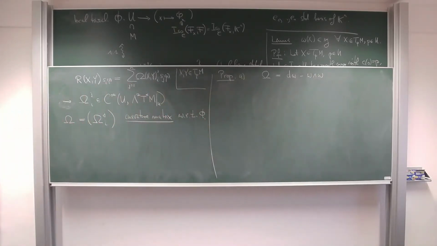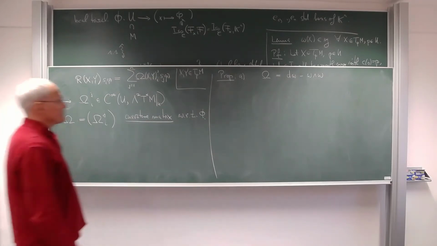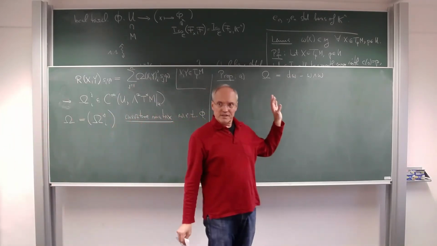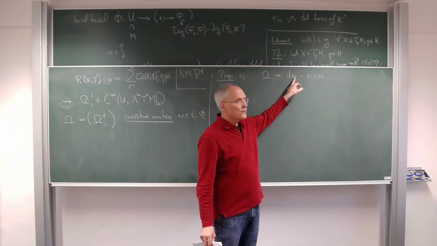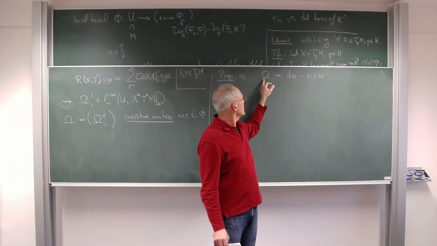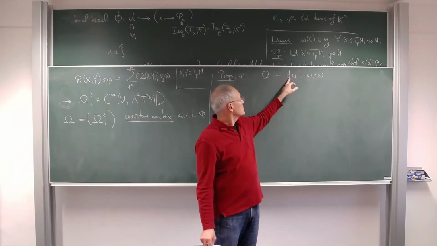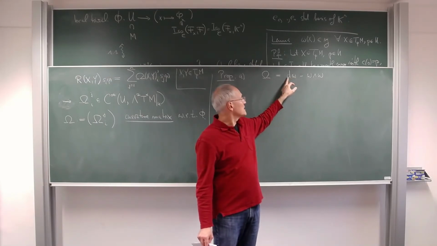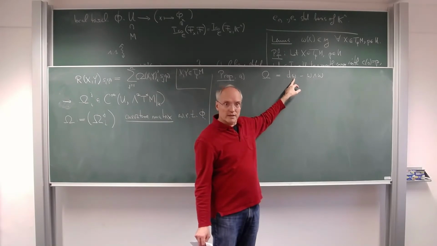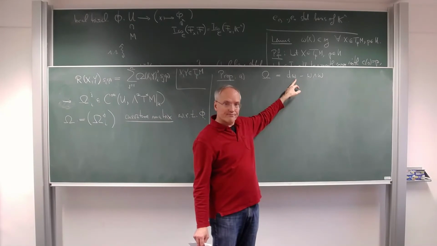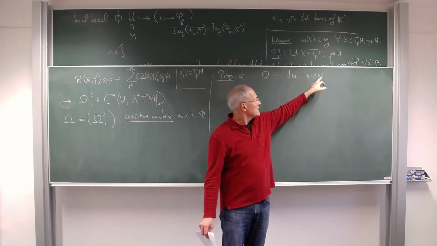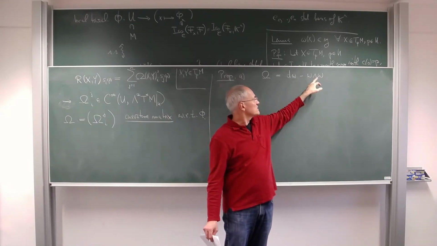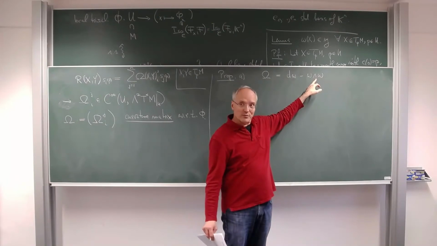So what does this mean? Both capital Omega and little omega are matrices. And here the entries are one-forms, here the entries are two-forms. Now applying the differential to such a matrix of forms just means I apply the differential to each entry. So this will then give me an n by n matrix of two-forms. And this term, the wedge product, is not just a form, it's a matrix of one-forms, right?